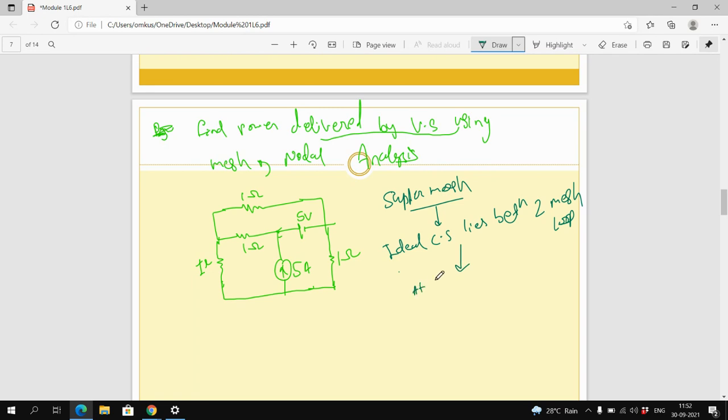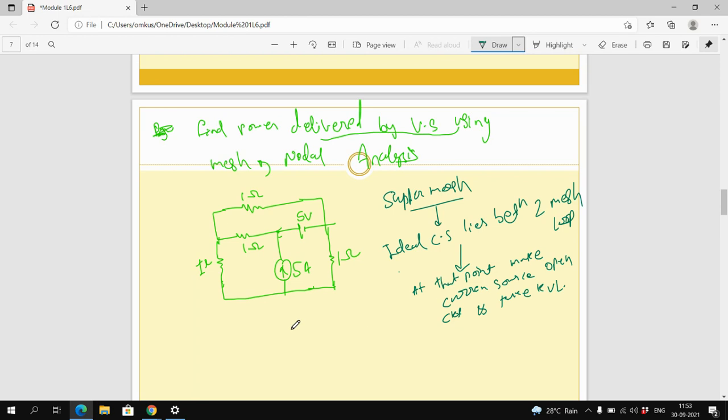At that point, you have to make the current source open circuited and take KVL.